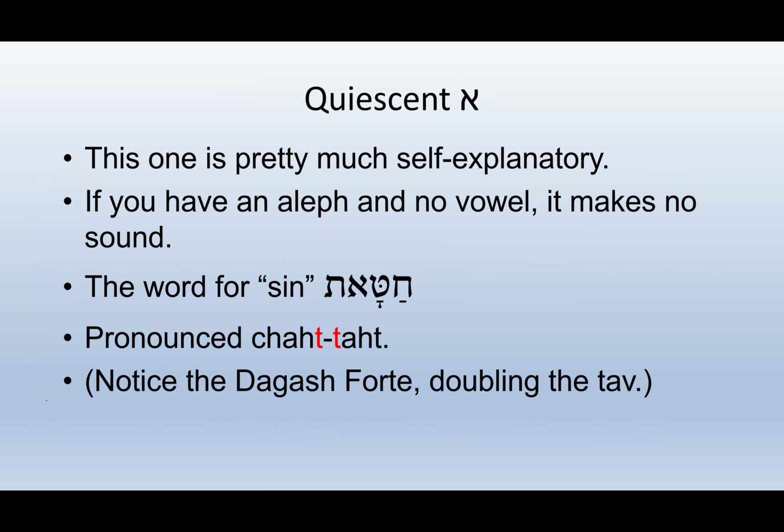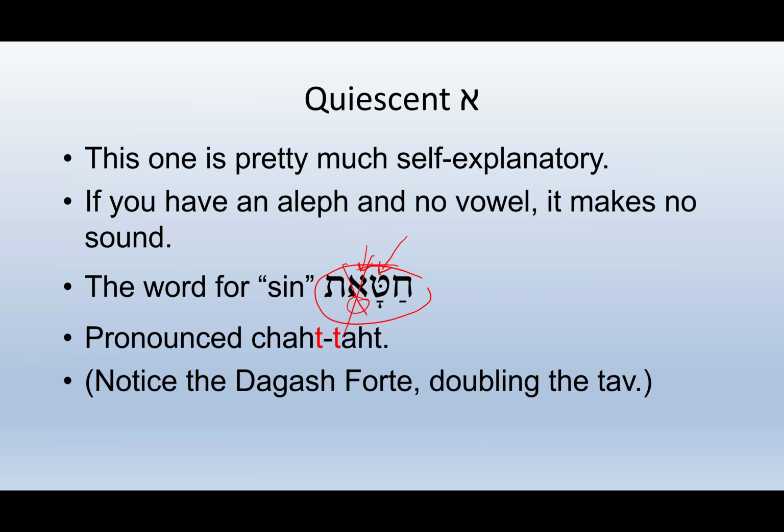Then there's the quiescent aleph. Well, this is pretty much self-explanatory. If you have an aleph and it's silent and there's no vowels, that's what they call the quiescent aleph. It doesn't make any sound at all. And so this word for sin here, chatat, you just have no representation of the sound there. You just go chata. Notice there's a dagesh here, so there's two tets there.